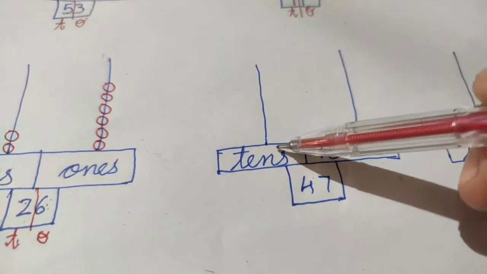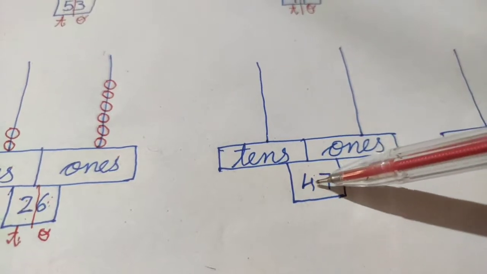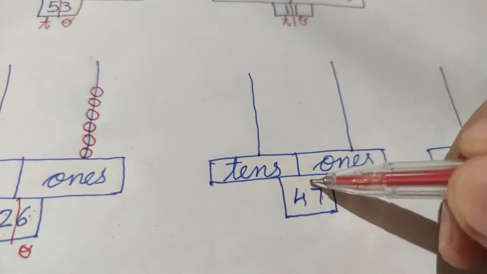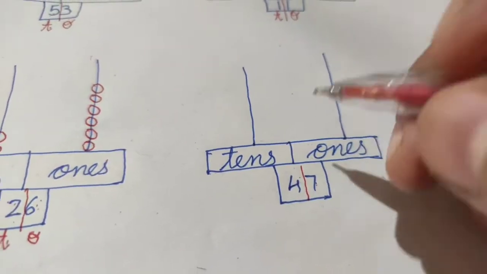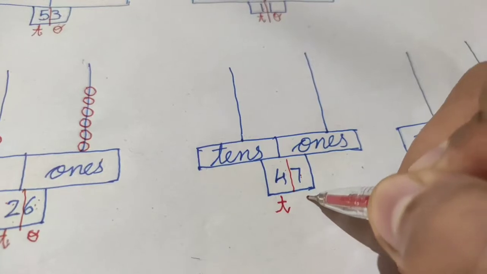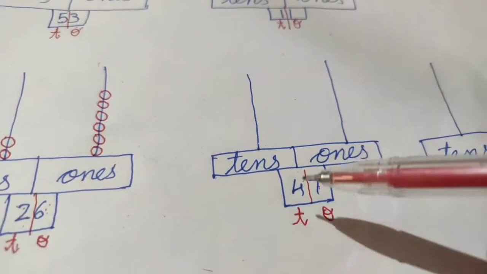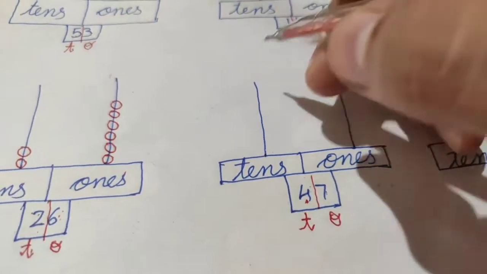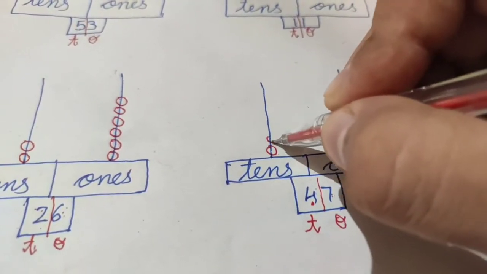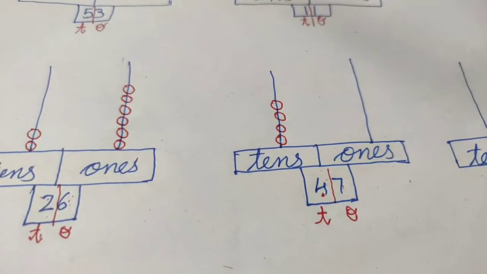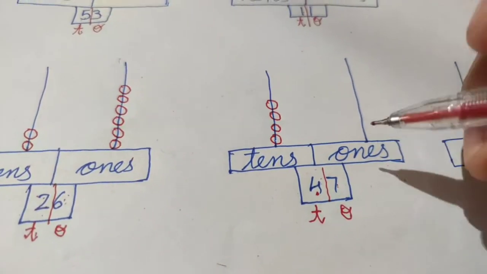Next one, tens and ones rod, 4 and 7, 47. So first we part it. 4 is our tens and 7 is ones. So in the tens rod we draw 4 beads: 1, 2, 3 and 4, this way.